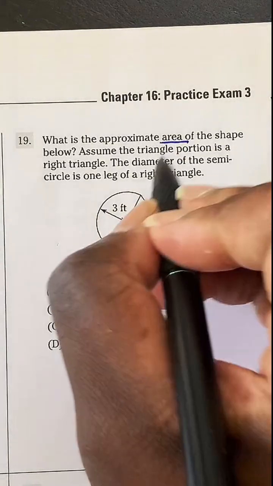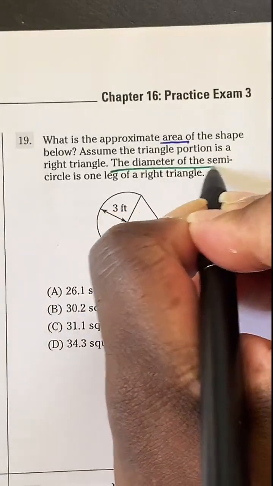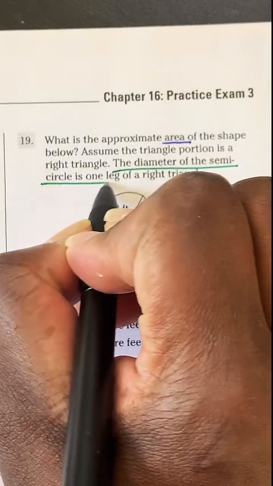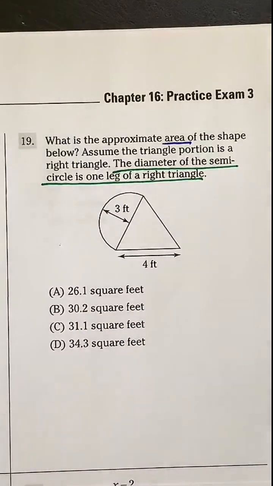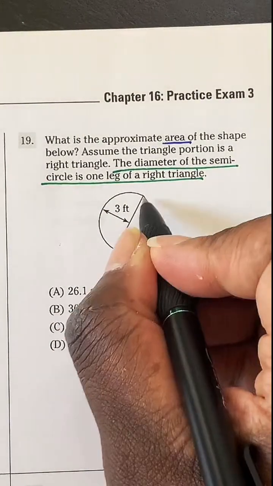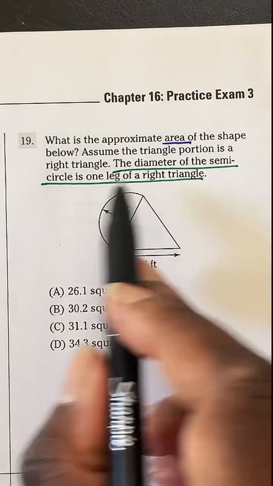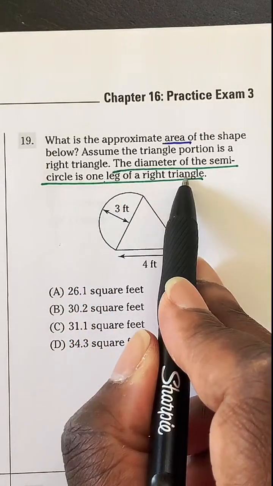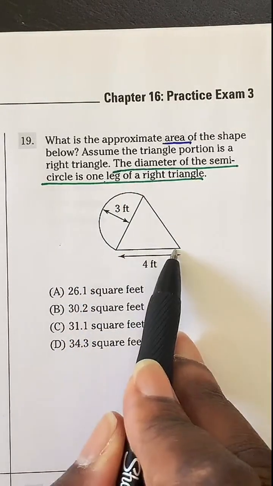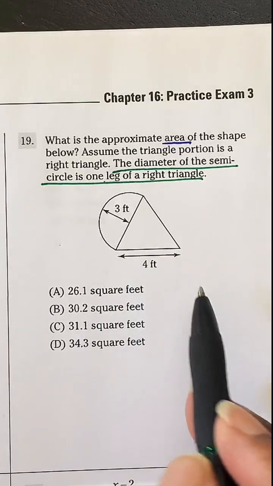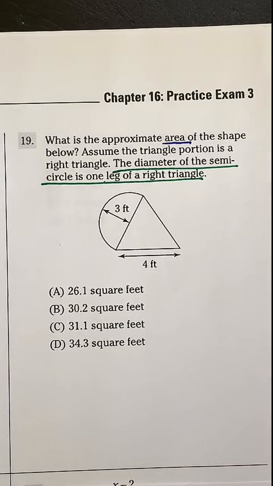They're telling us that the diameter of the semicircle is one leg of the right triangle. All right, so this will be a leg. And if it's saying it's one leg of the right triangle, that means this side has to be a leg. But we're looking for area.